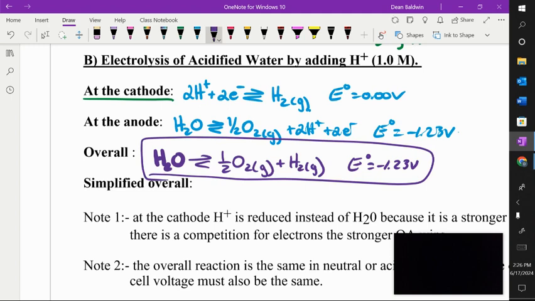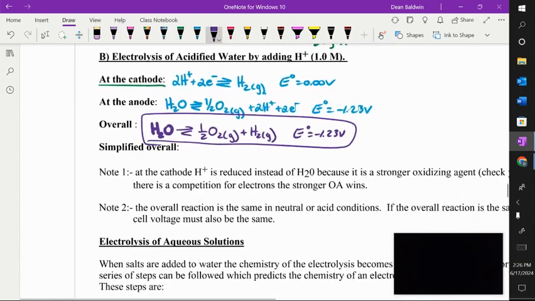What do you notice about that reaction compared to the one on the previous page? It's the exact same with the same voltage. It's just something different is being reduced at the cathode. Okay? So it's not water that's being reduced, it's the protons that are being reduced to hydrogen gas. But you get the overall same reaction.